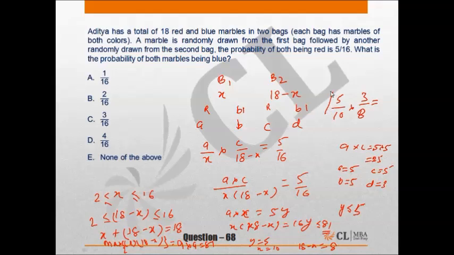Therefore, the probability of a ball drawn from first bag being blue is 5 by 10, and from the second bag is 3 by 8, and both of the drawn balls being blue will be 5 by 10 into 3 by 8, and this will be equal to 3 by 16, which is option C.